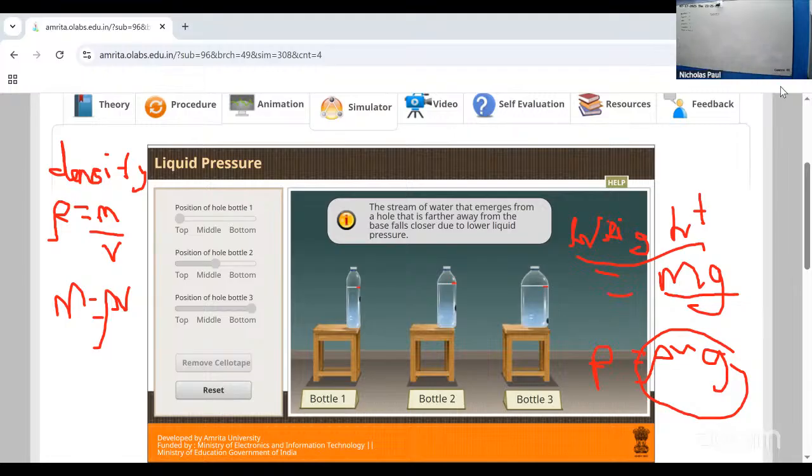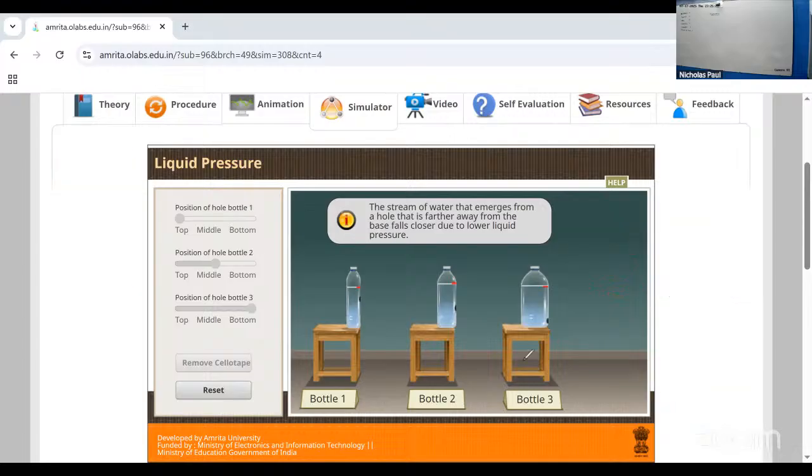One more thing I want to speak about that affects pressure. So we said the weight affects it, and something else affects it, but you wouldn't see it there. What's this simulation here?